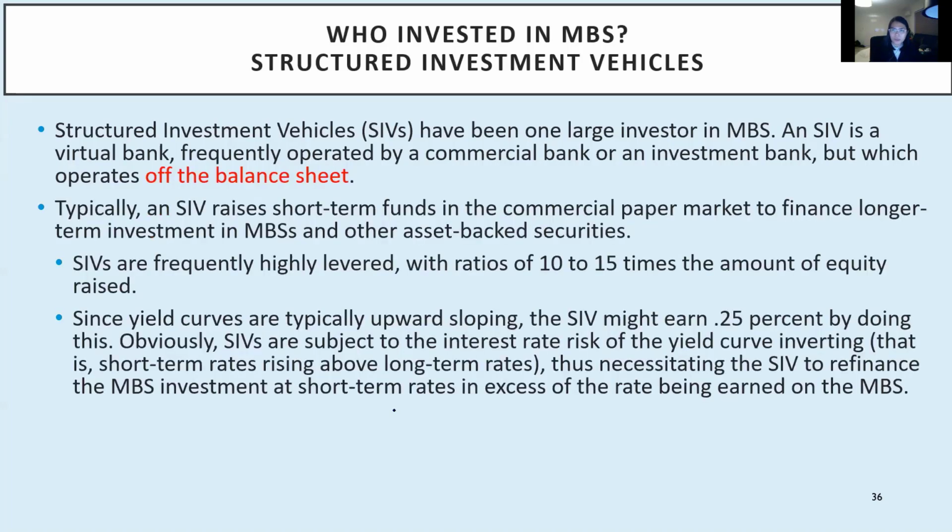The way these structured investment vehicles were funded was that they raised short-term funding, and they used that money to buy mortgage-backed securities. So they borrow short-term and buy these mortgage-backed securities.